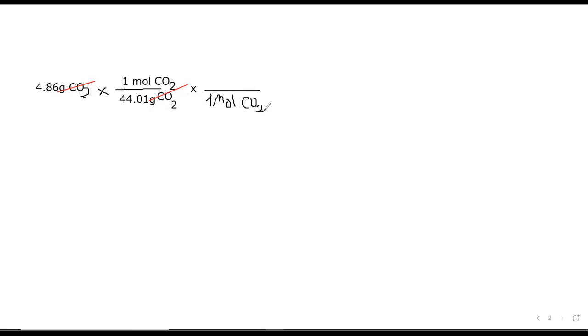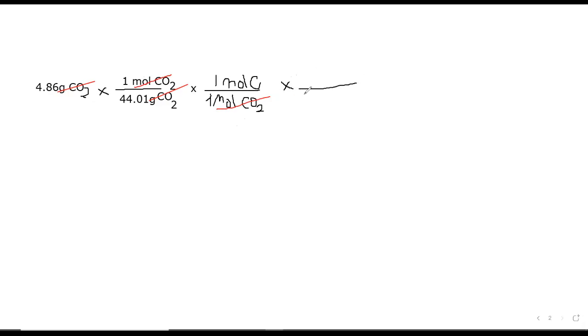gives us 1 mole of carbon. Once this takes place, this will cancel and this will cancel out. Then we have the times sign there.